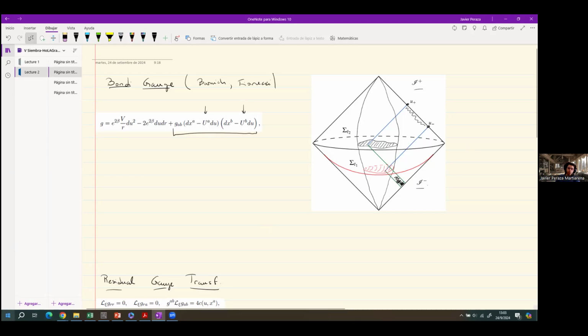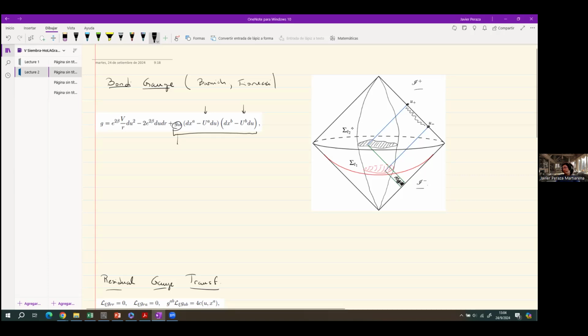In Minkowski, for example, it is just obtained by saying that beta is equal to 0, b is minus 2r, and this guy is 0, of course. And this metric here is, in Minkowski, just the round metric of the sphere times r squared.